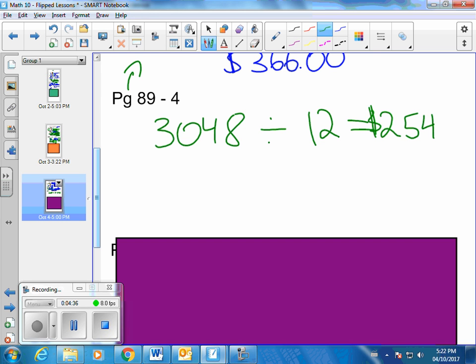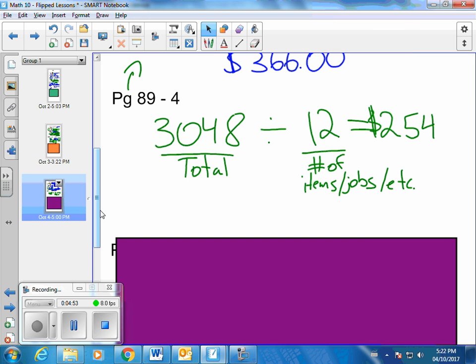Very easy. You're just looking for your total, and you're going to divide it by the number of items, jobs, etc., whatever it is. Simple division. That one should be easy. You can even do these on your calculator. Should be able to fly through them.